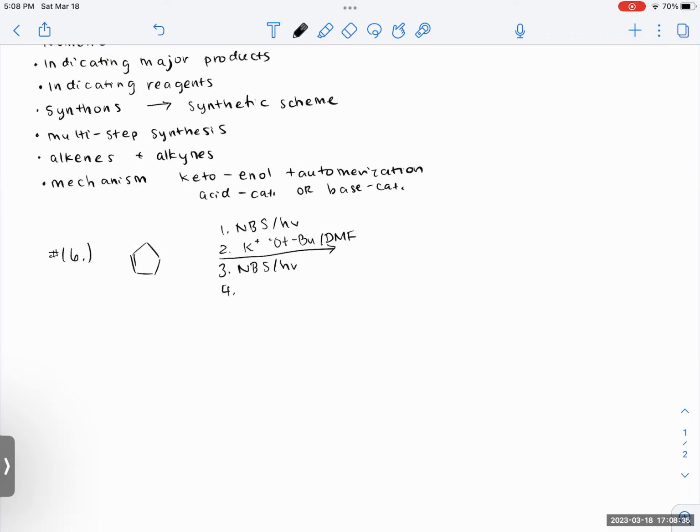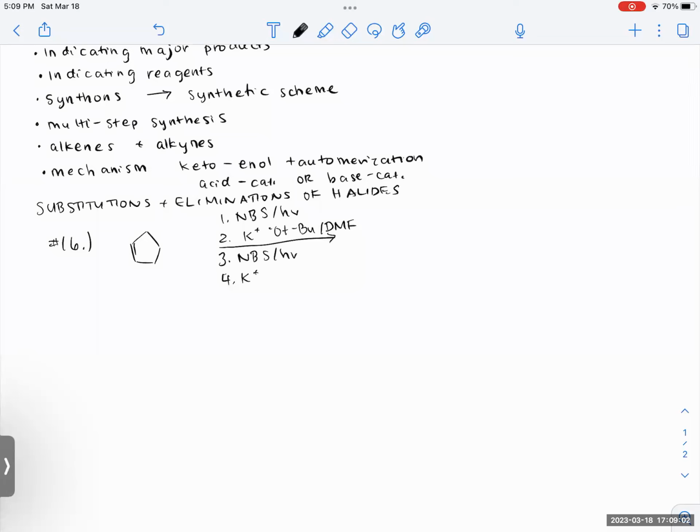Oh, sorry, this is in substitutions and eliminations of halides, which I think is the first section after the review. And then the last step is, once again, your bulky base. So tert-butoxide and DMF.